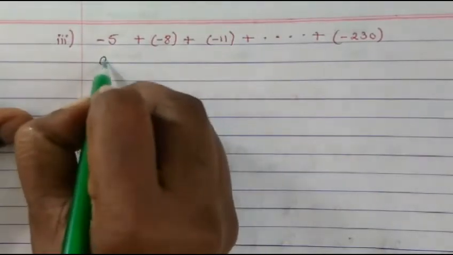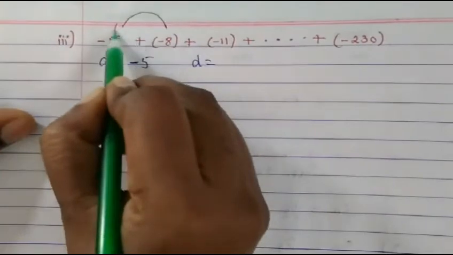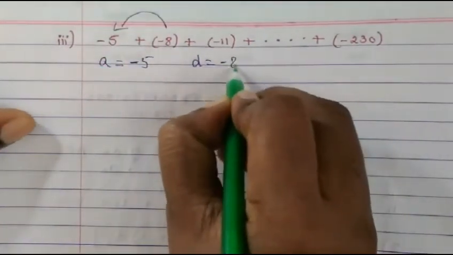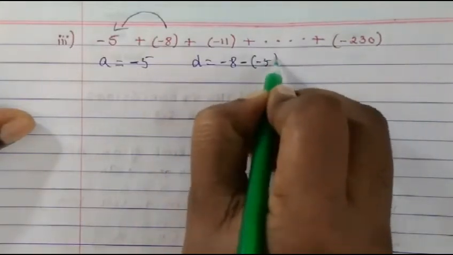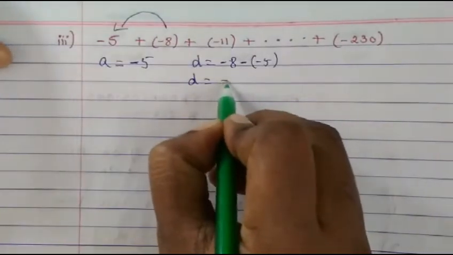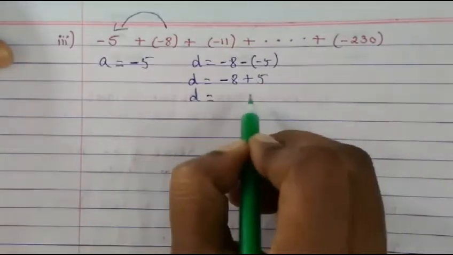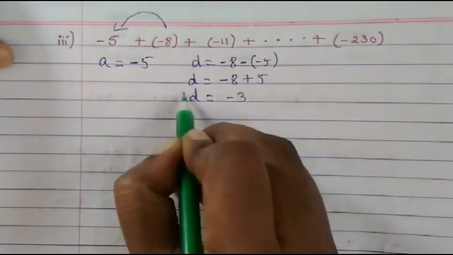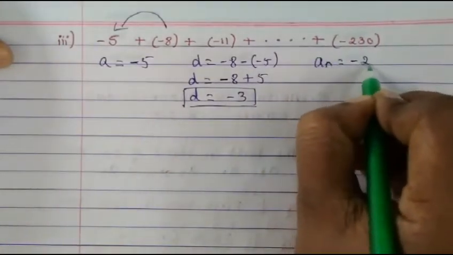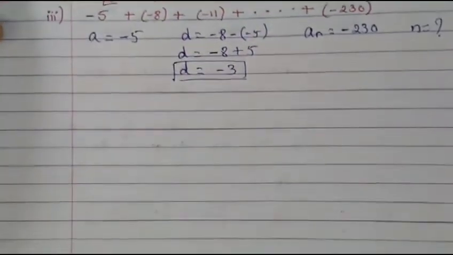So let's find out. a equals minus 5, d will be, from minus 8 you have to subtract minus 5. So you have minus 8, from that you have to subtract minus 5. So for d, this is minus 8, minus into minus will become plus. So the d value will be minus 3. Then an is minus 230. So n we don't know. So we have to find out the n value.